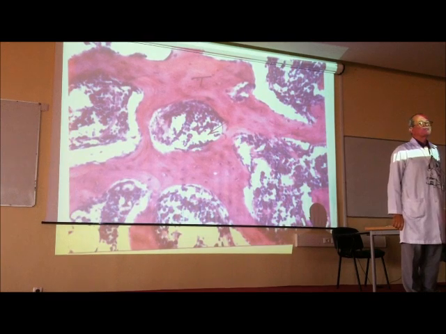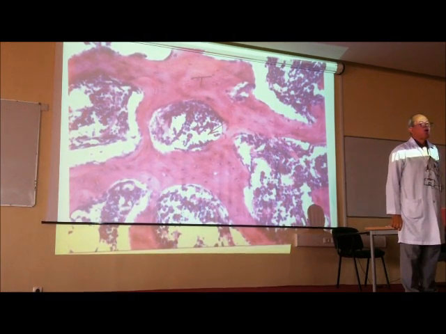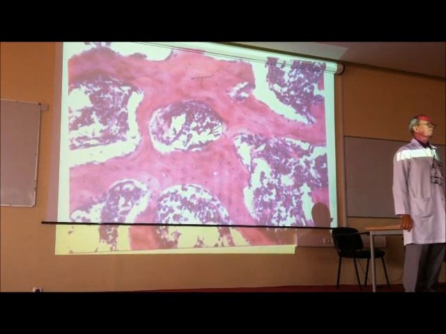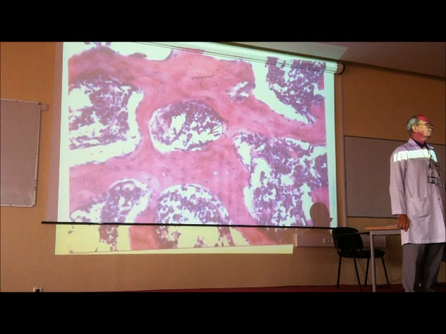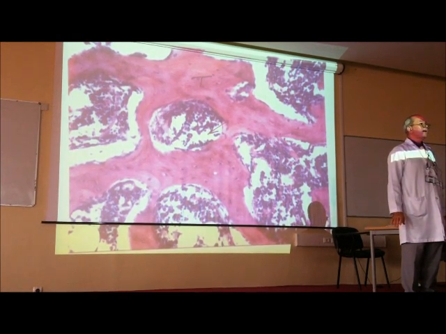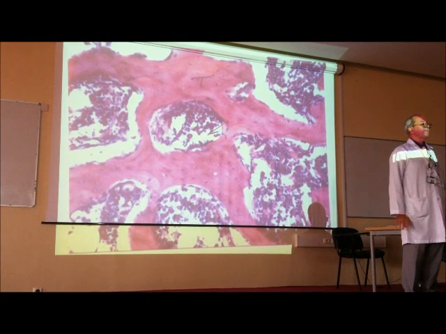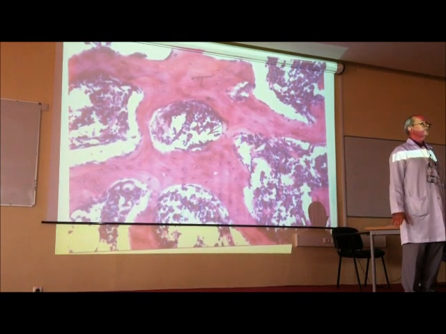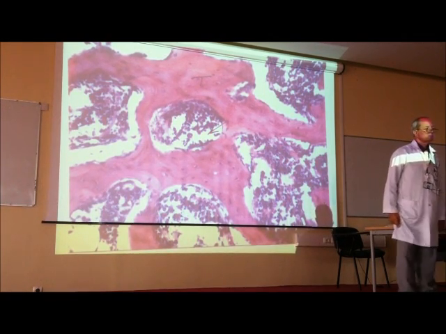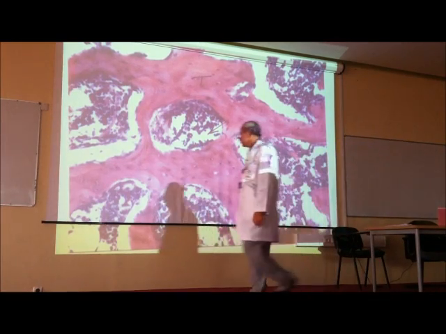Collagen fibers form 90% of the organic component of bone. Generally, both sections appear acidophilic because they are rich in collagen. Which type of collagen? Collagen type 1. And it's acidophilic.